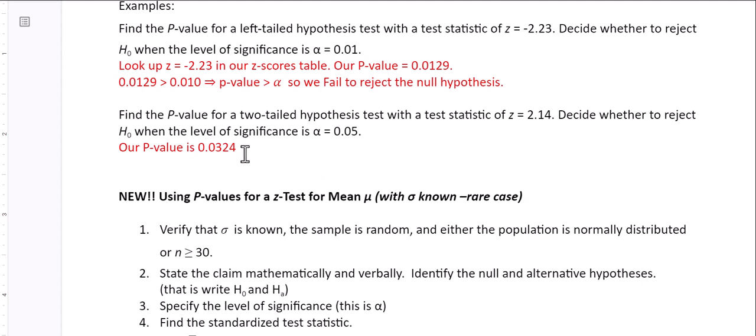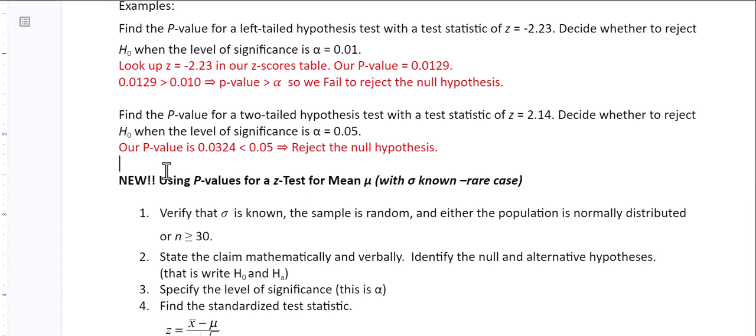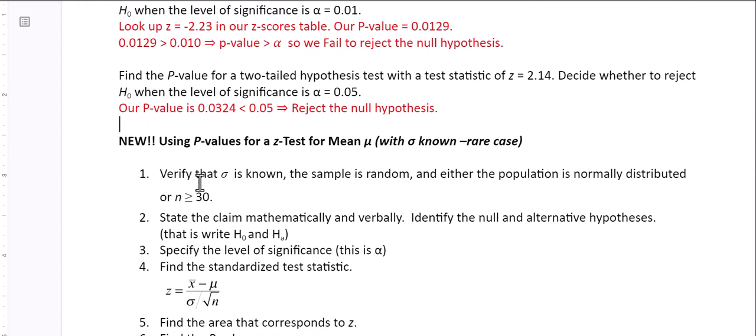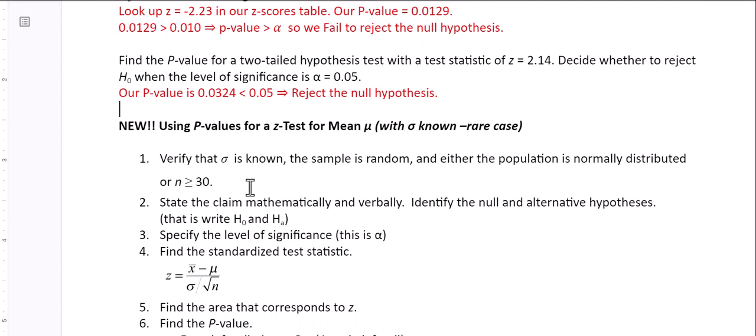So what do we do? We reject the null hypothesis, which then means that the alternative is plausible. So we have significant evidence to reject the null and to conclude that whatever the alternative hypothesis might be, it is plausible. That was just review from the last couple of sections.